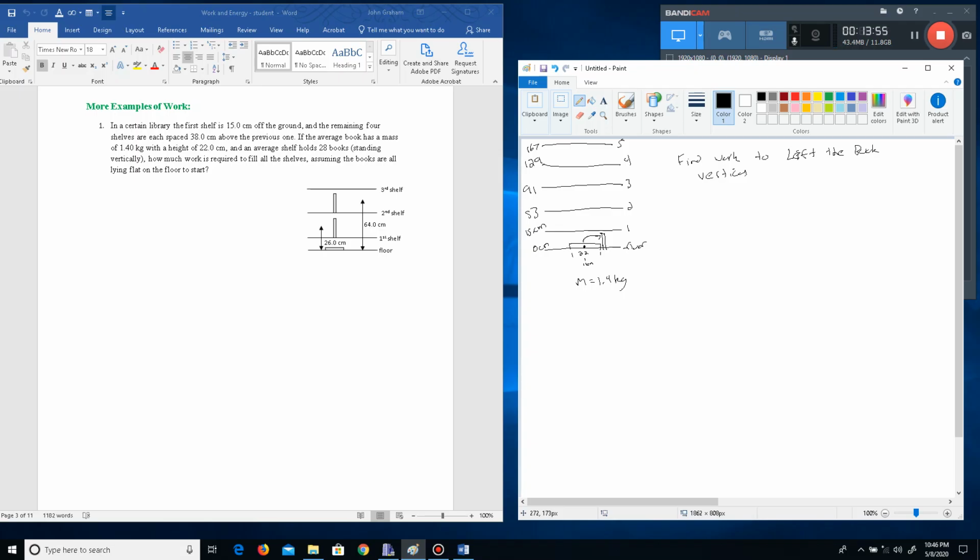And so the work done here is going to be the mass times gravity of the book times the 11 centimeters, which I need as a decimal.